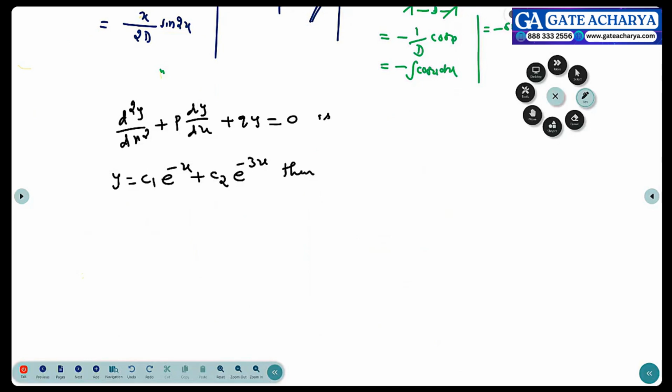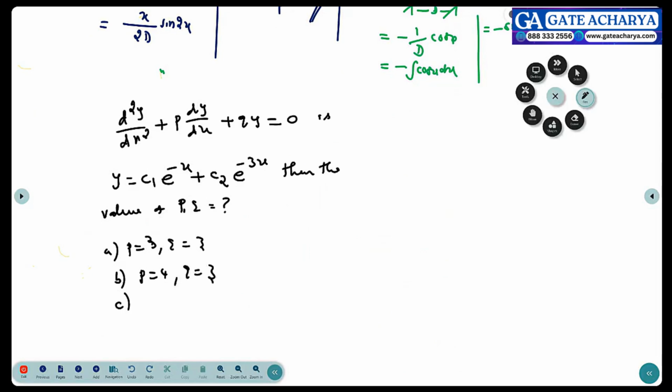Then the value of p comma q is what? Option A, p is equal to 3, q is equal to 3. Option B, p is equal to 4, q is equal to 3. Option C, p is equal to 3, q is equal to 4. Option D, p is equal to 4, q is equal to 4.